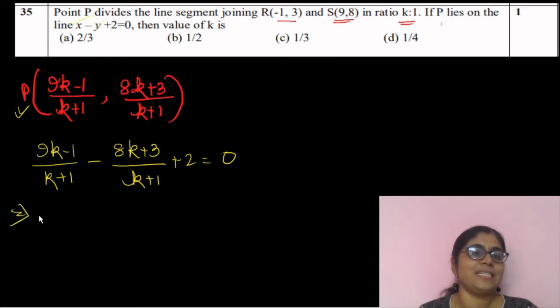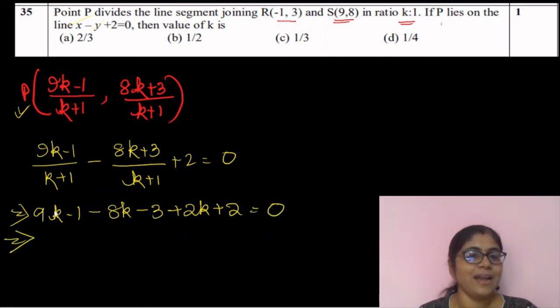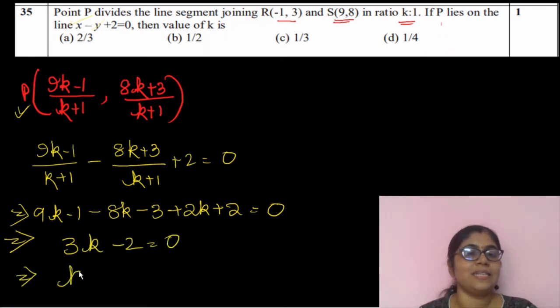So this implies that 9K plus 1 minus 8K minus 3 plus 2K plus 2 equals 0, which implies that 3K minus 2 equals 0, which implies that K is equal to 2 by 3. So option A is the right answer.